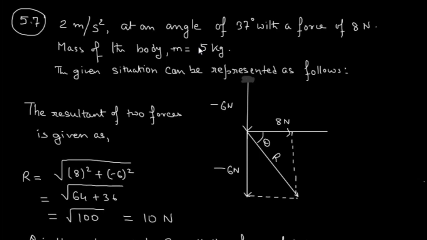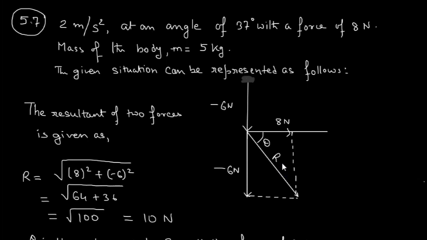But now we'll give the explanation. Mass of the body m is equal to 5 kg. The given situation can be represented as follows. The resultant of two forces is given as R is equal to, so first see the figure here.